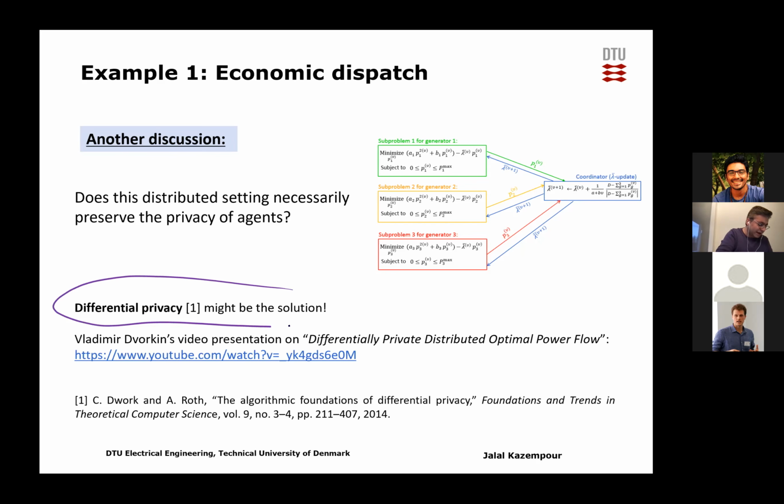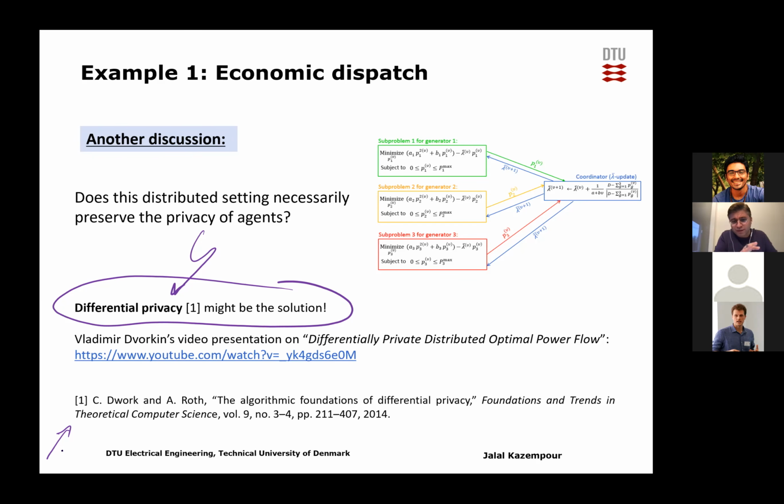I'm not going to talk about this concept in detail, but there is a concept called differential privacy. And reference one is kind of the seminal document for differential privacy. I don't know how many of you know about this concept. I'm not going to teach it here, but I'll tell what it is.